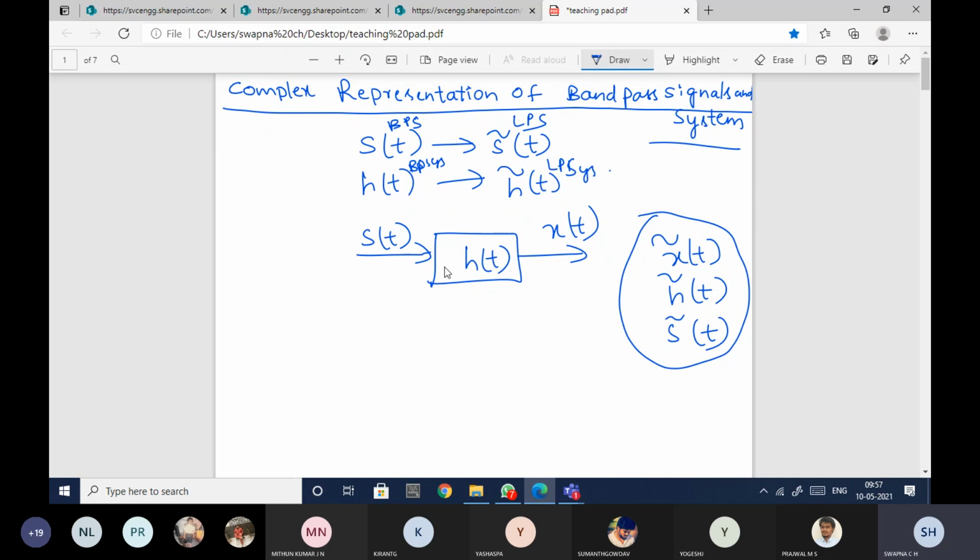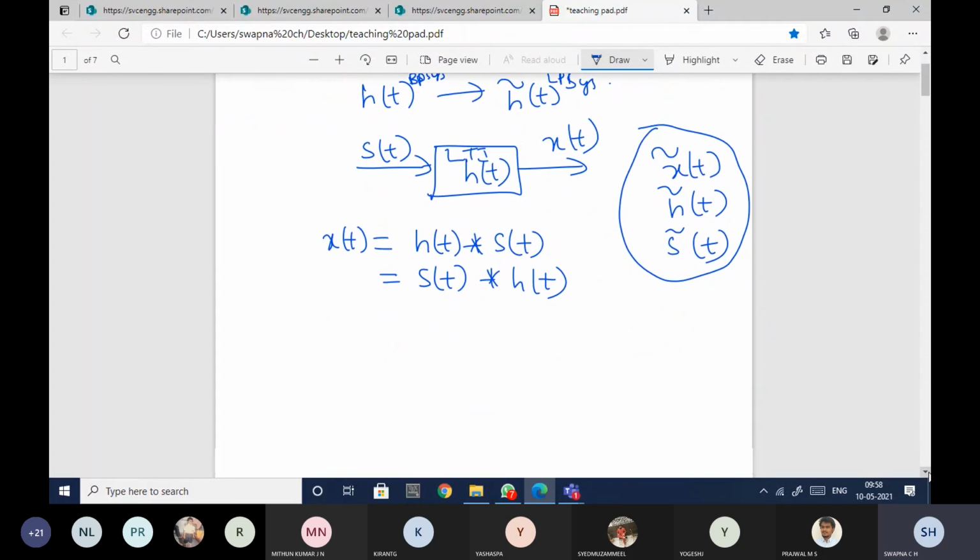If this is any LTI system, bandpass, low pass, whatever it might be, with some input signal, then to find the output X of t, we need to convolve the system function with the signal. This H of t and S of t should be convolved, or I can even write S of t convolution with H of t. Anything is fine, because it satisfies the commutative law.